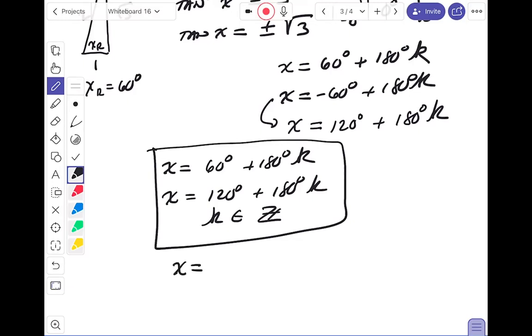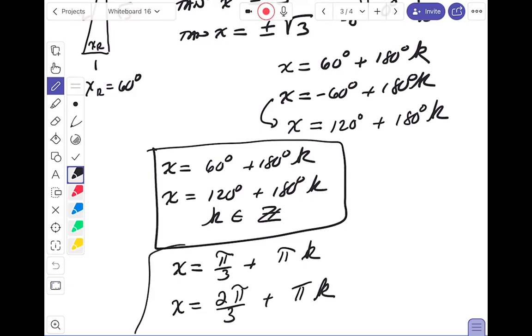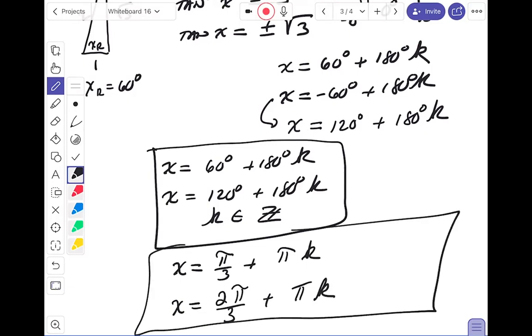X equals, I'm getting a little better at this. 60 degrees times pi over 180 degrees is pi over 3. I recognize 180 to be pi. Now 120 is 2 of those, so it's 2 pi over 3 plus pi k. Again, the understanding is k, or n, is an integer value.